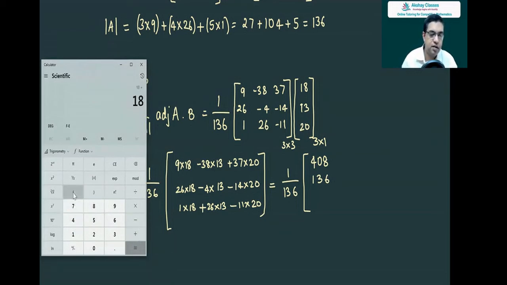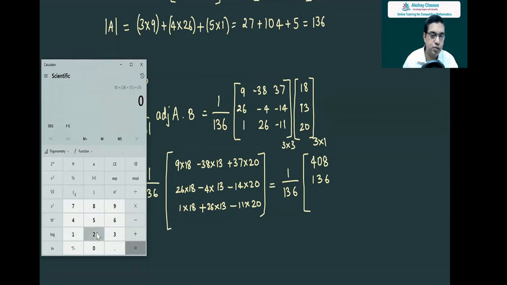So we have 18, plus 26 into 13, plus minus 11 into 20.